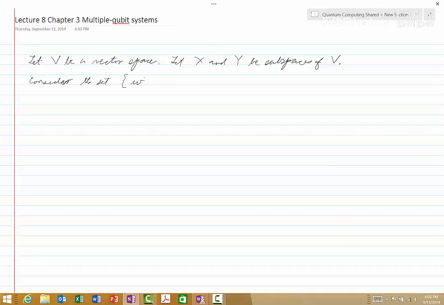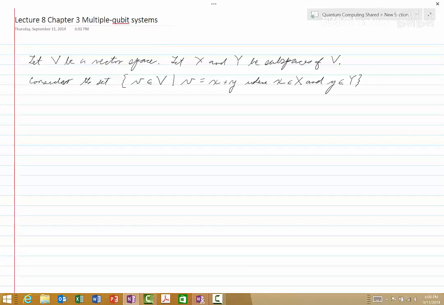We considered the set of all vectors, little v, in the vector space such that little v could be written as x plus y, where little x is an element of X and little y is an element of Y.